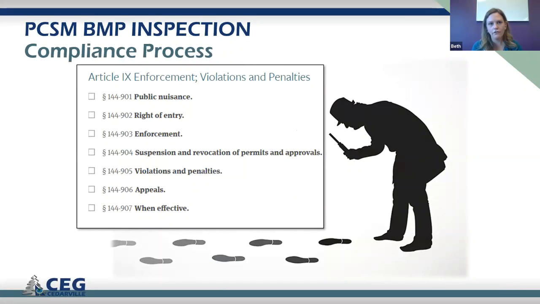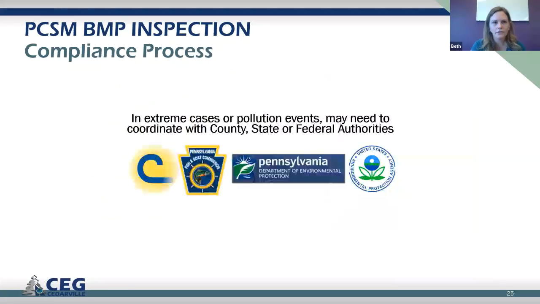So it's important that you always refer to your ordinance, because this is what, if you end up assessing violations and penalties, is going to hold up in court, and to make sure that you can adequately cite where there's a violation of the ordinance in coordination with the solicitor.